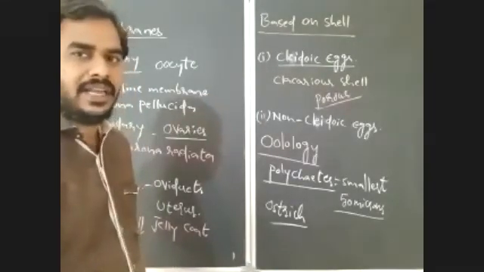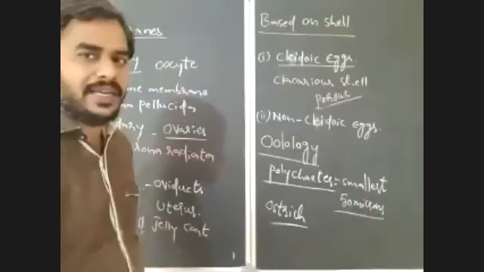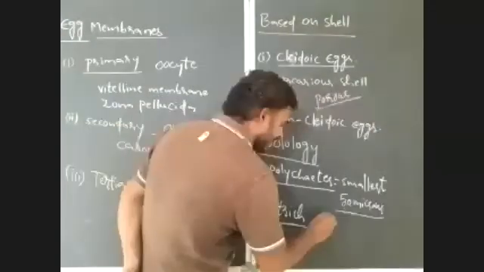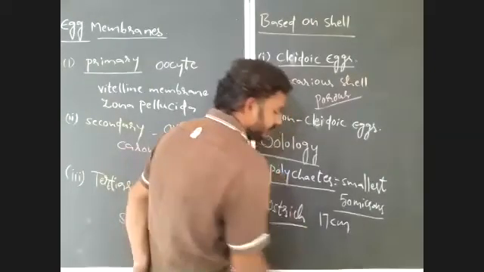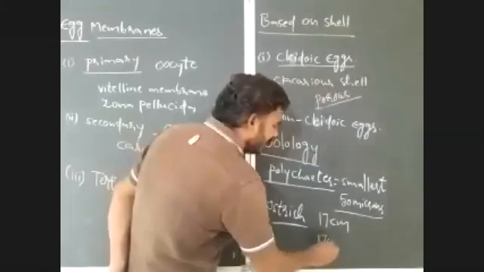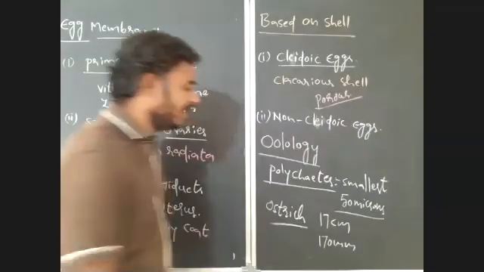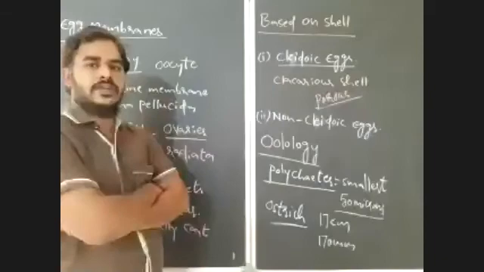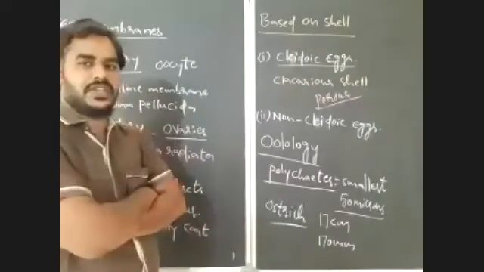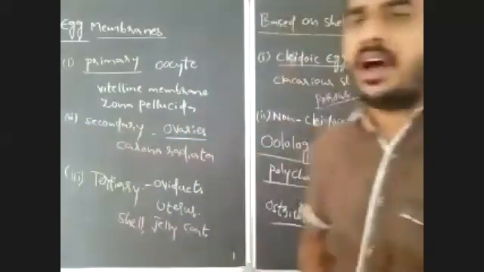The largest single cell in kingdom Animalia is the egg of ostrich. It is about 17 centimeters, or 170 millimeters, in diameter. So the largest egg is the egg of ostrich.